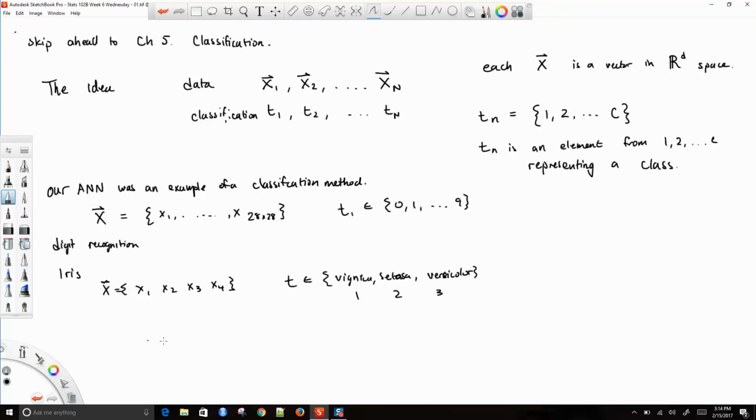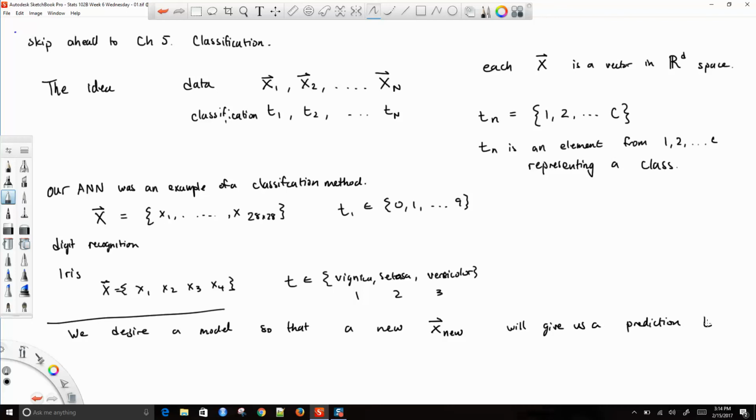And the hope is, we desire a model so that a new vector of x observations, which we will call x new, will give us a prediction of our class. We will denote that t new. This is our prediction of class.